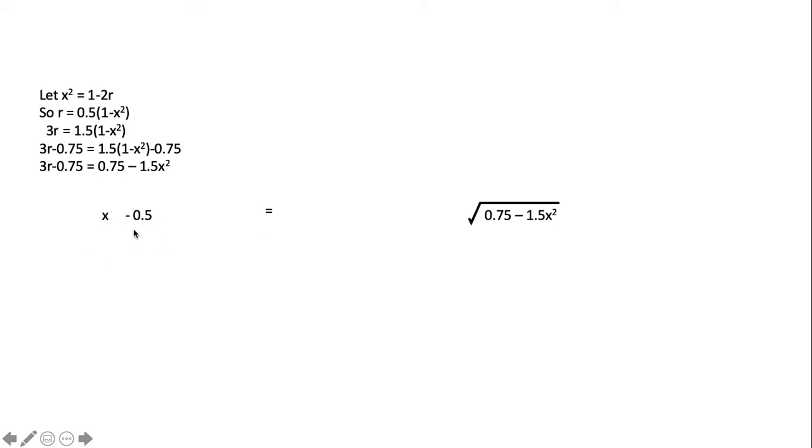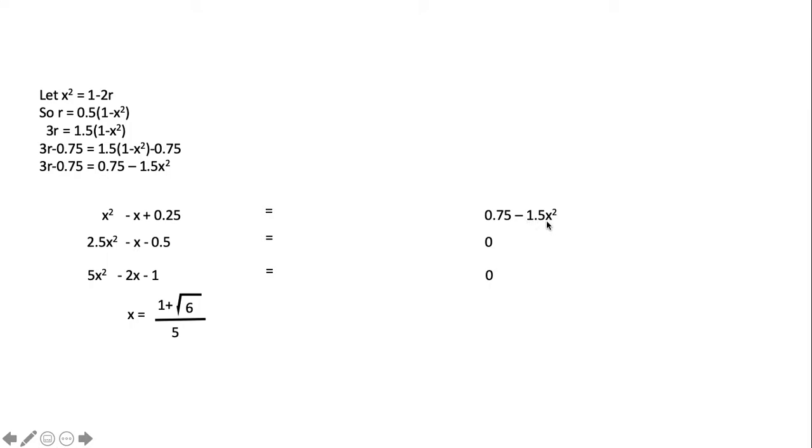So when I square the left, I get that, and then when I square the right, all that happens is the square root sign disappears. So I've got x squared minus x plus 0.25 equals 0.75 minus 1.5x squared.